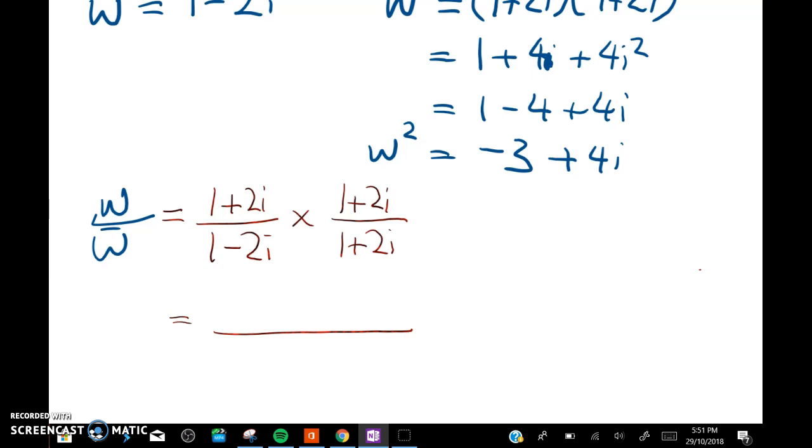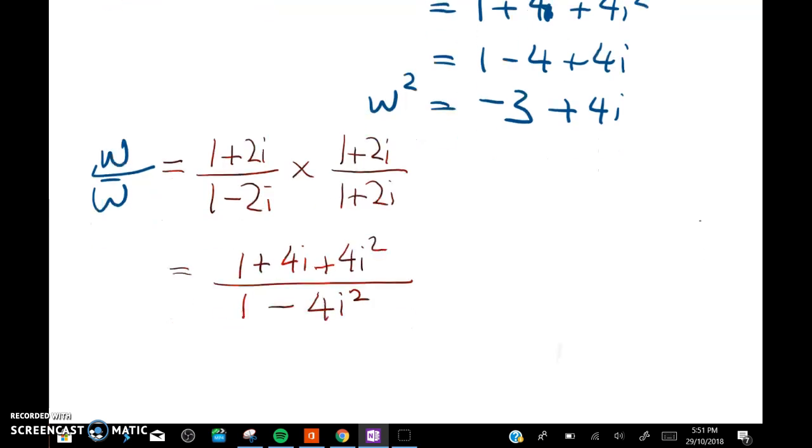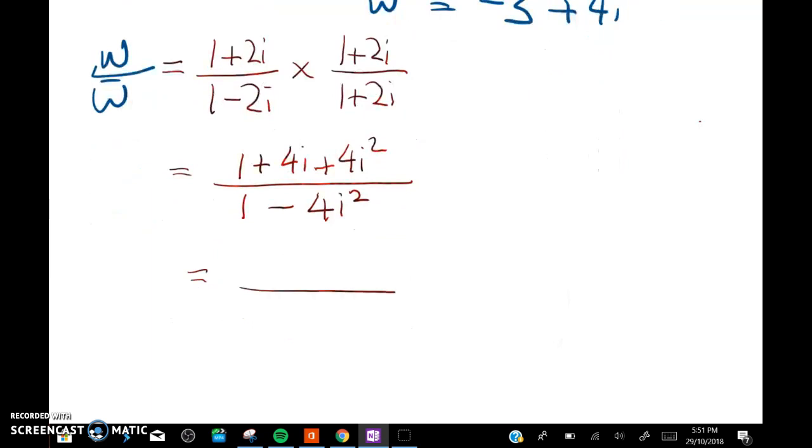Here in the denominator we get 1 minus 4i squared. Doing this very slowly. Many of you will be groaning. So in the numerator we get 1 plus 4i squared. That works out to be 1 minus negative 4, so 1 plus 4, and in the numerator 1 minus 4 plus 4i.